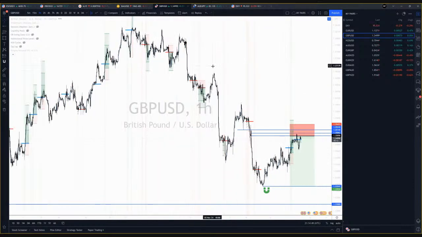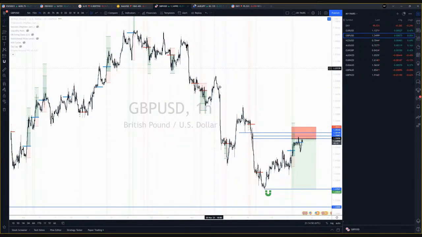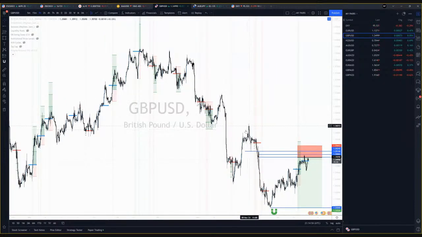So if I know price is gonna go down, like I knew from here last week, price went up and I knew we were gonna go down. So this very day, as soon as it gave me a red, I knew we were gonna come down here.